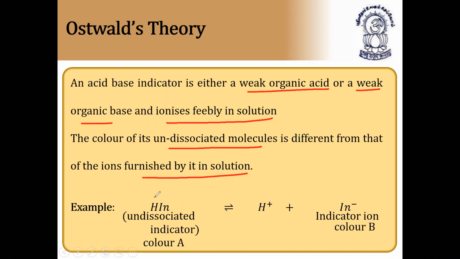For example, let us take HIn, hydrogen indicator, where In is the indicator. So the undissociated indicator of color A changes to H plus and indicator ion of color B. Feebly means very little.